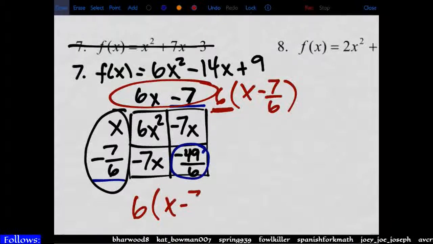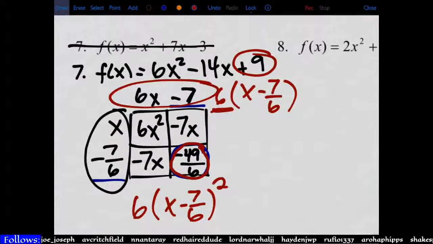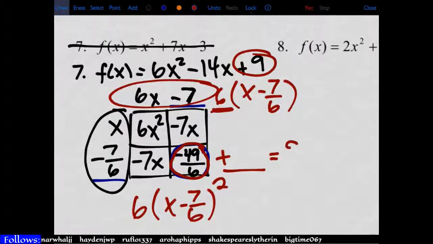Problem is, that gave us negative 49 over 6, and we want 9. We have to say, what do I add to negative 49 over 6 to get to 9? Well, crap.